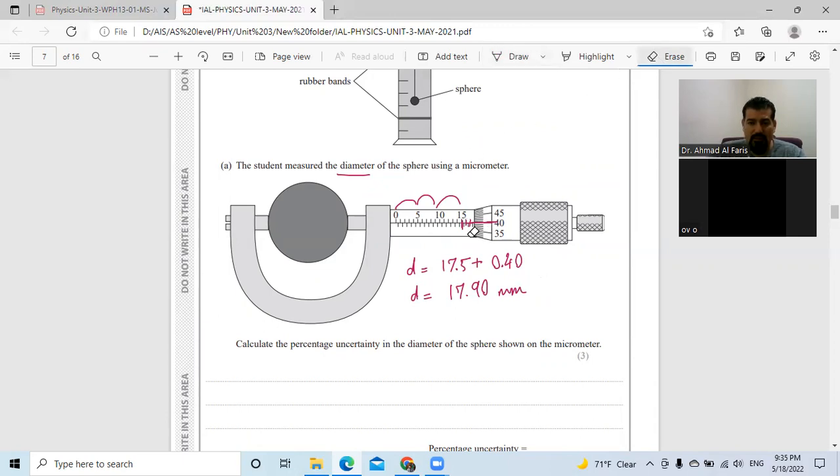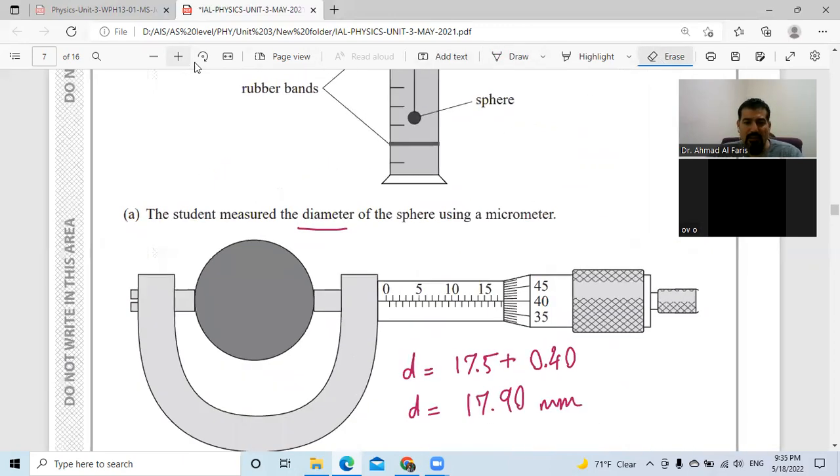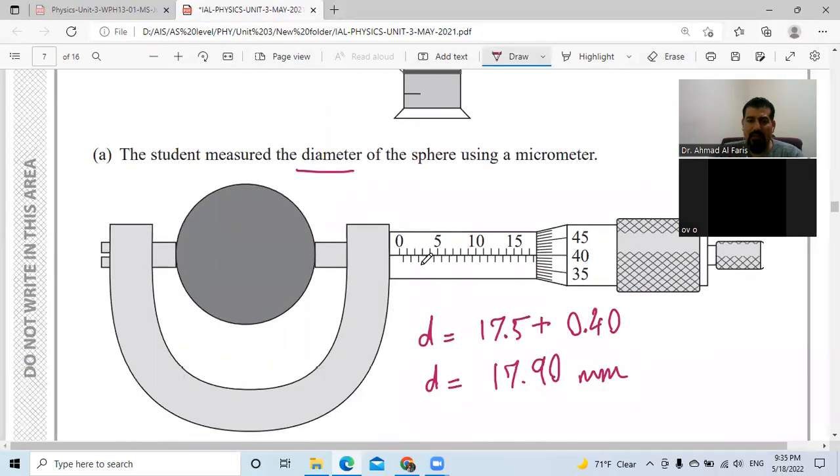Again, let me show you what we did here. I will zoom in. How can we take the reading of the micrometer? We have 5 millimeter, 10 millimeter, 15 millimeter, then 16, 17, 17 and a half millimeter, and extra. How much is this extra?